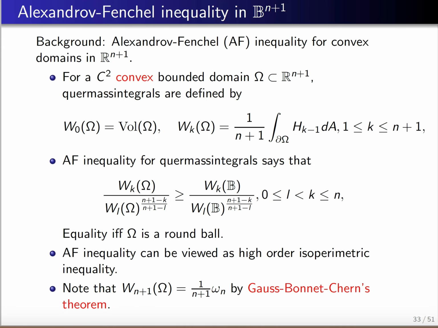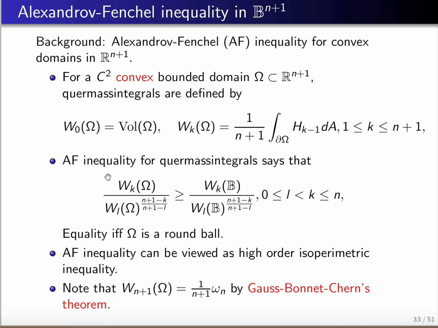So if we have a convex bounded domain in the Euclidean space with C2 boundary, then the quermassintegrals are defined as follows. W0 is the volume of omega, and W1 is the area of the boundary, and in general, Wk is the boundary integration of the mean curvatures.